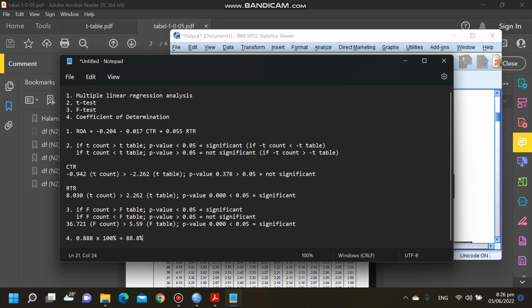This means that both cash turnover ratio and receivables turnover ratio can explain the variance in ROA by 88.8%. The remaining 11.2% is explained by other factors. Okay, so that's about the hypothesis test.